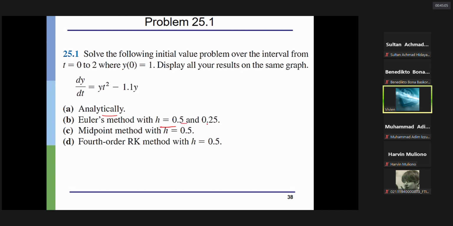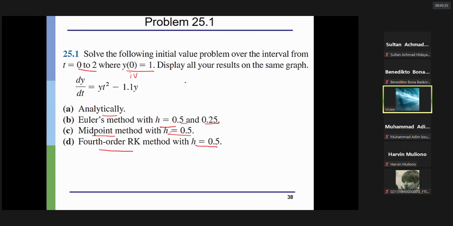We have two step sizes, interval sizes 0.5 and 0.25, and we need to compare that with the midpoint method, with interval size 0.5. This is second order Runge-Kutta, and we can also compare with the fourth order Runge-Kutta method with the same interval size. We solve from 0 up to 2, with the initial value at x0 being y equals 1.